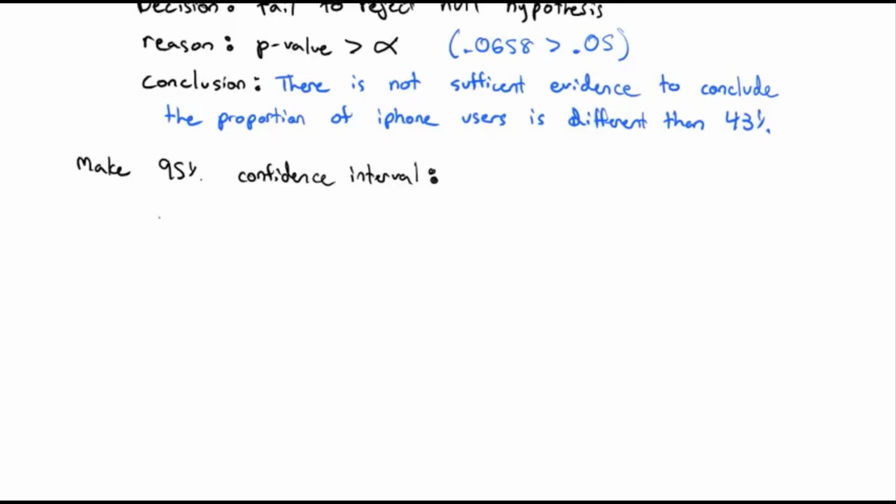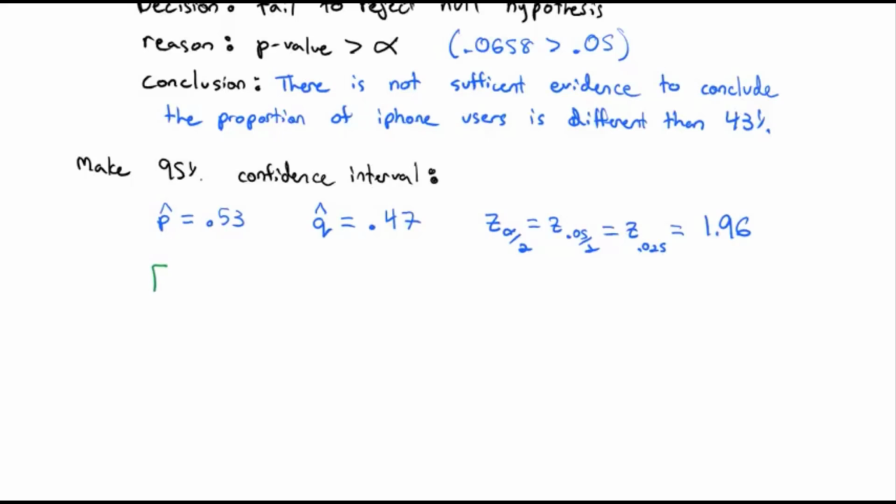So based on our sample p hat, our sample we said was 53%, which means q hat, the opposite of that, is going to be 1 minus that, or 47%, 0.47. And if we're doing a 95% confidence interval, we should know the z sub alpha over 2, or z sub 0.05 over 2, or z sub 0.025, is equal to 1.96.